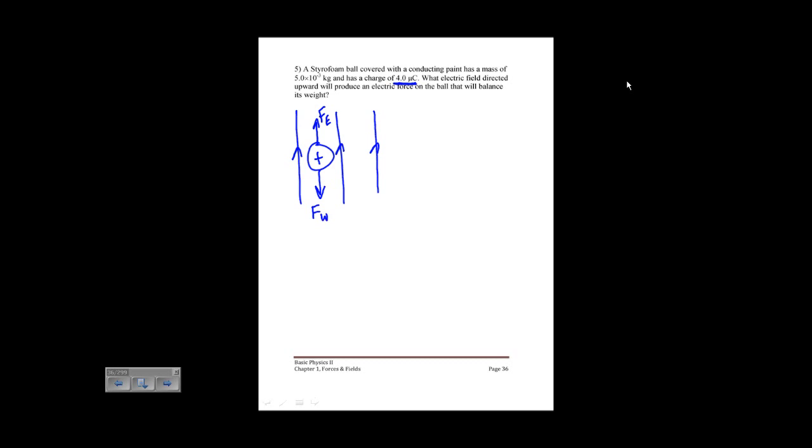So this is very similar to the previous problem that we worked, except here I want to know what is E. So Fe is equal to Fw. It's QE equals M times G. I'm solving for E here. The mass is given.